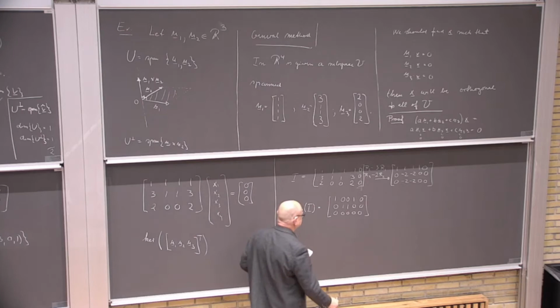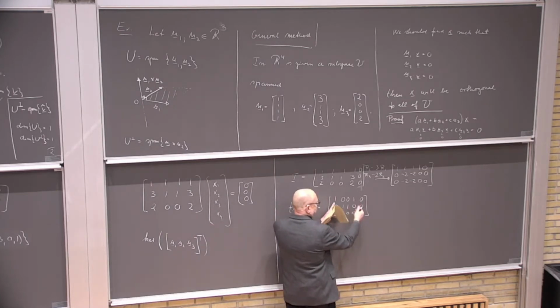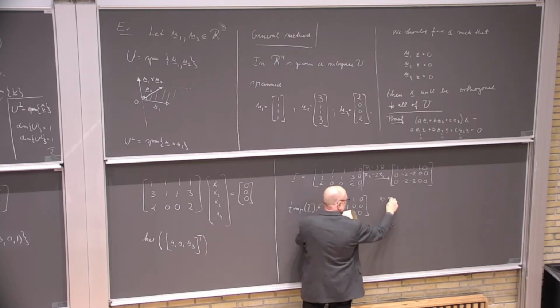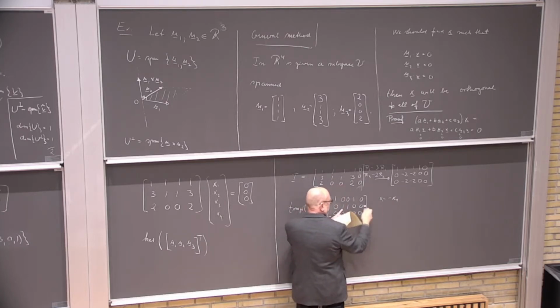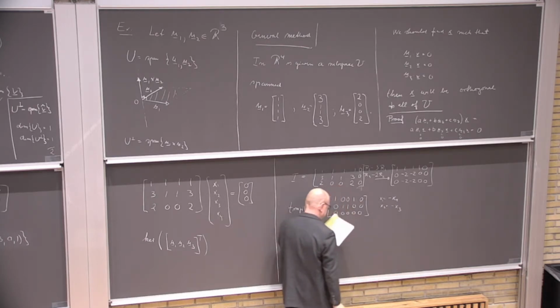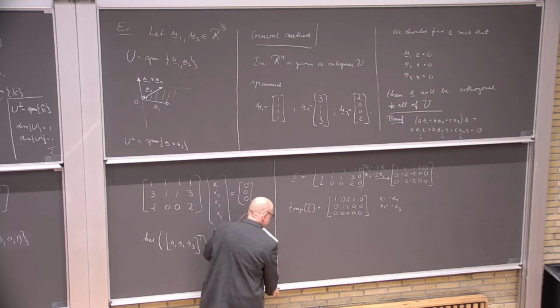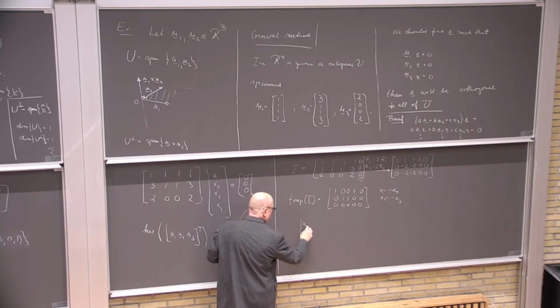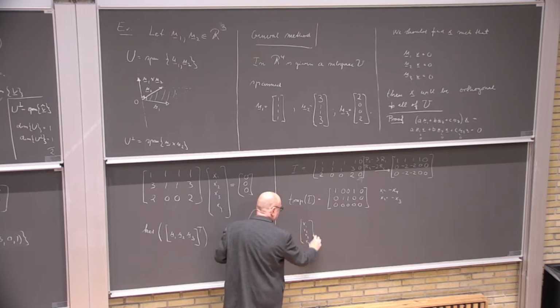So what I can read from this is, if I interpret it as equations, then x1 is minus x4 and x2 is minus x3. And I can write down the full solution: x1, x2, x3, x4.